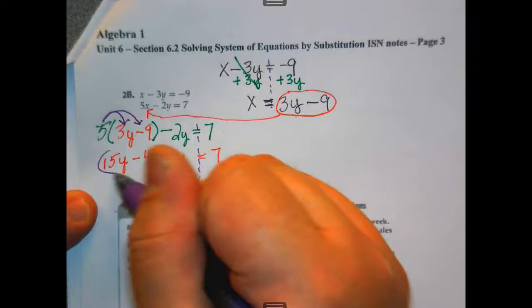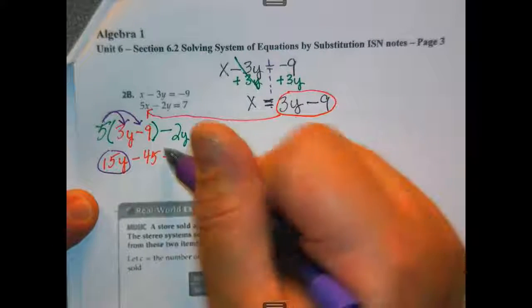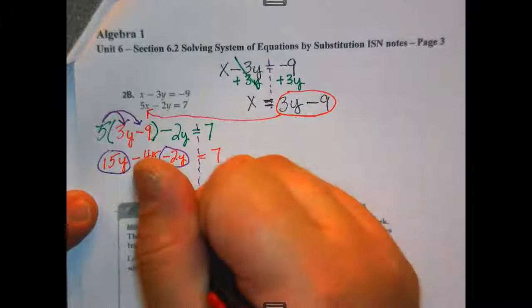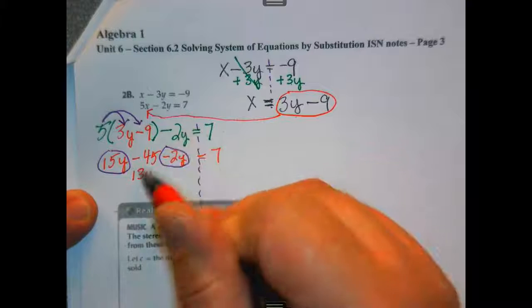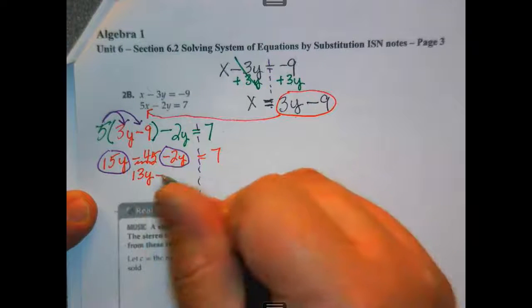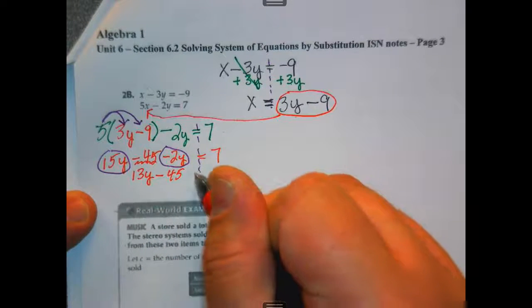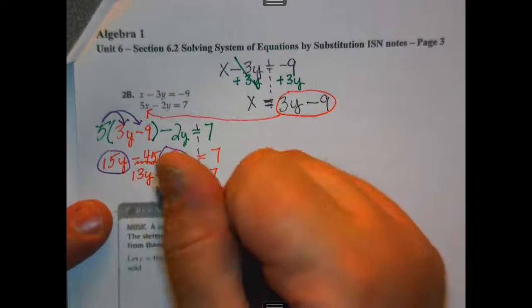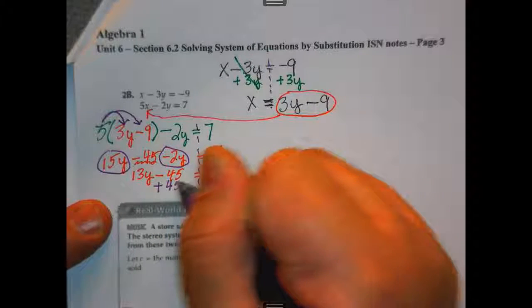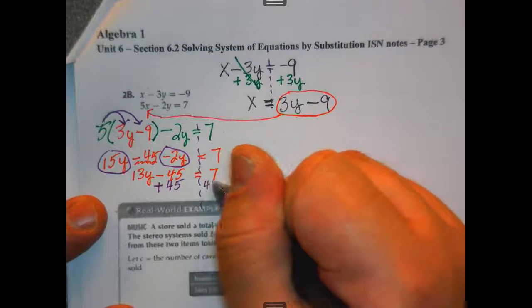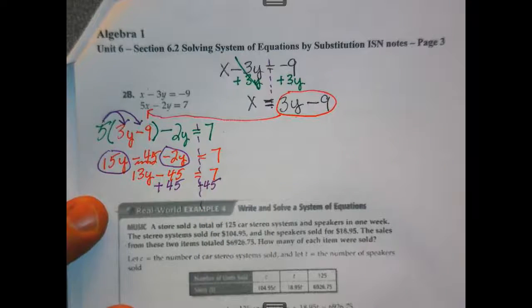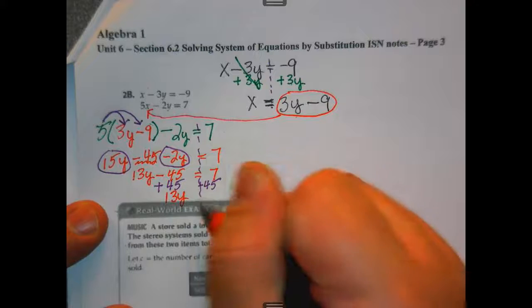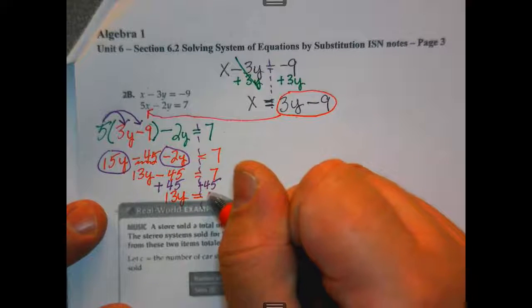We've got a 15y minus 2y gives me 13y, good. And I've got my minus 45 equals 7. Undo 45. Add 45 to both sides. So I get 13y equals 52.